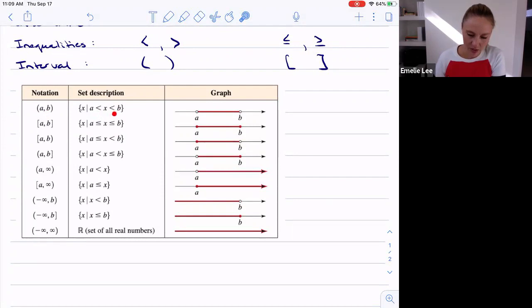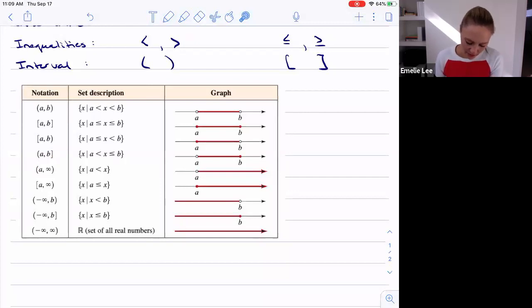Notice that it just has the less than sign, so not less than or equal to, and we've got the open dots. And we can do a combination, so we can do a round bracket around A, meaning it's not inclusive of A, but it is inclusive of B, if it's got the square bracket on B.